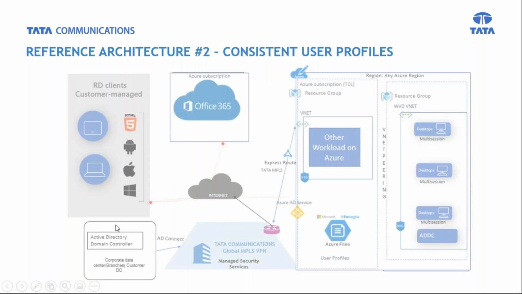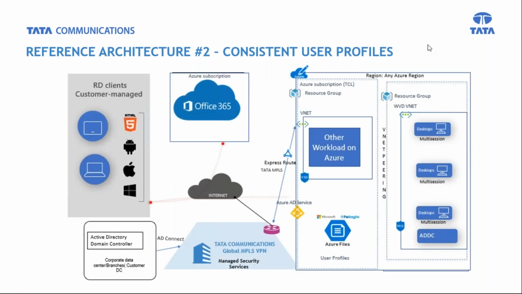Let's drill down a little bit, and how would it look going forward? If you see, we have Active Directory domain controller, which is in your data center. It connects through the express route. In our case, you could use a Tata Communication MPLS VPN, and to the Azure service engine on the cloud. Where does it connect really?